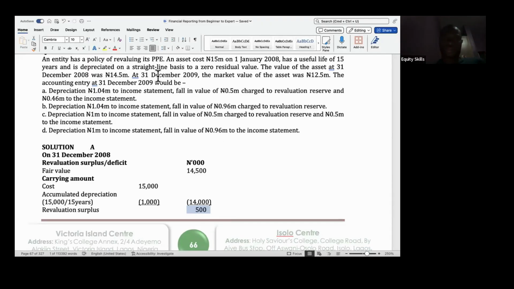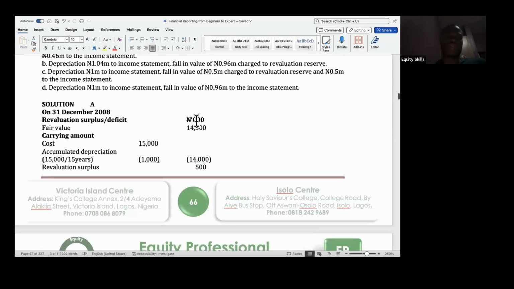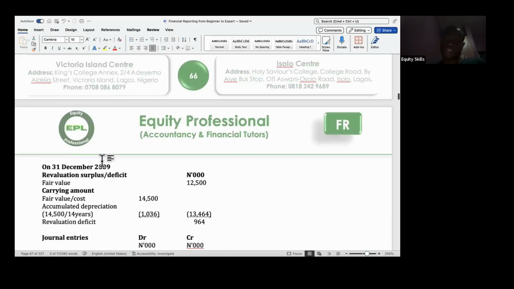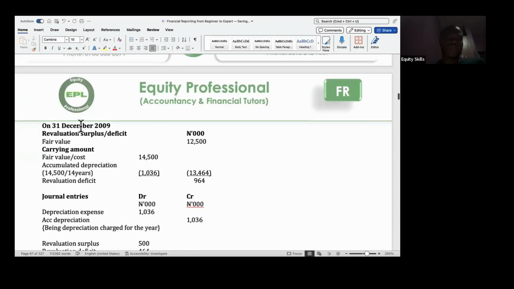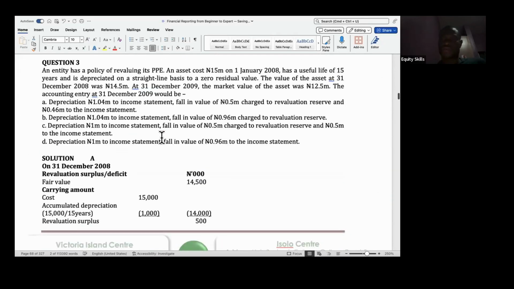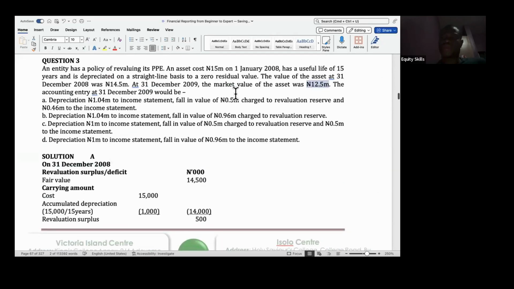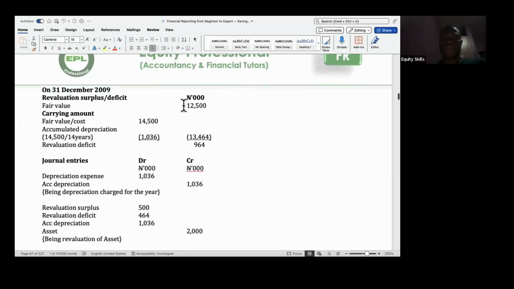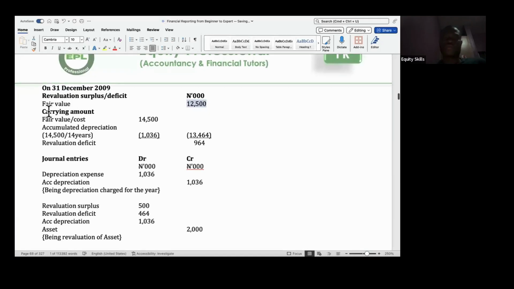They did not stop there. They said in 2009, the market value is now 12.5 million. So that means there was a revaluation also in 2009. So on 31st December 2009, we are also going to calculate a revaluation surplus or deficit by comparing the fair value, which from the question is 12.5 million, with the carrying amount of the asset.